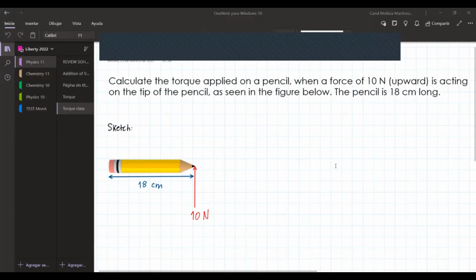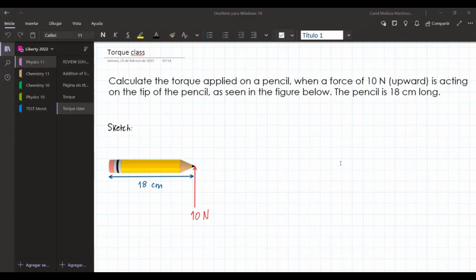The pencil is 18 centimeters long. So remember what we need to focus on. We need to focus on the formula of torque. So we have the sketch, we have the figure, that tell us precisely what is acting on it. So let's see.